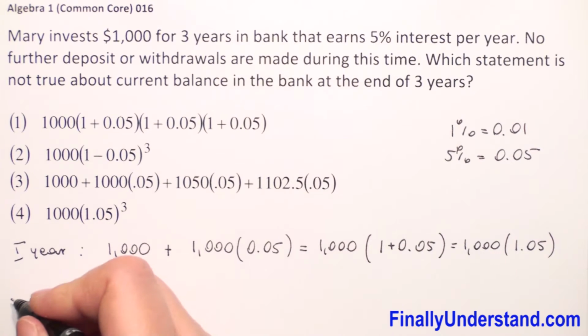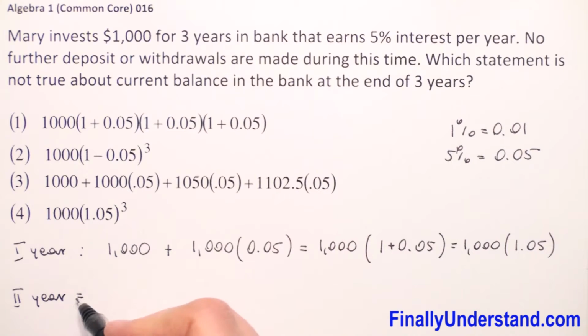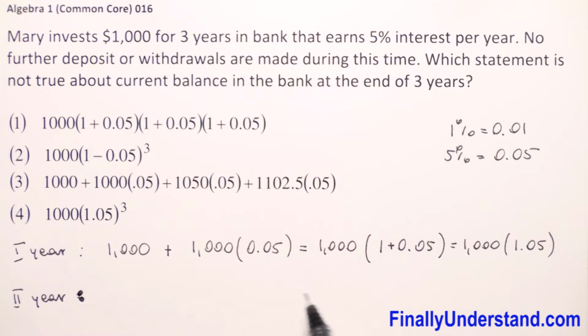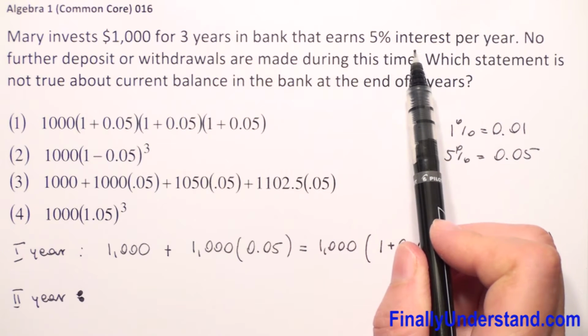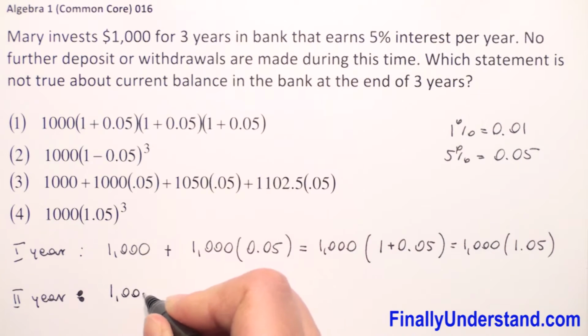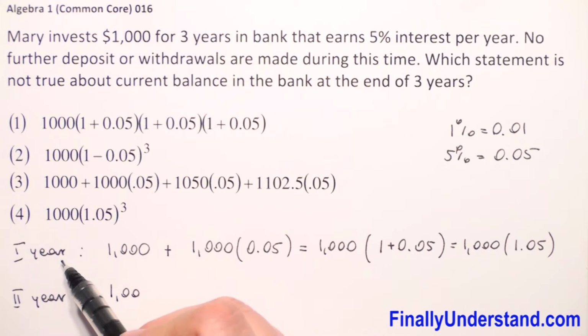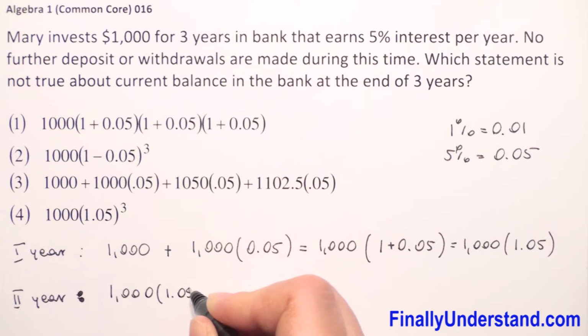So let's see what will be at the end of the second year. To the money which she has at the beginning of the year, we have to add 5% interest again. So we have 1,000 times 1.05, because at the end of the first year she has this money, and we have to add the interest again.